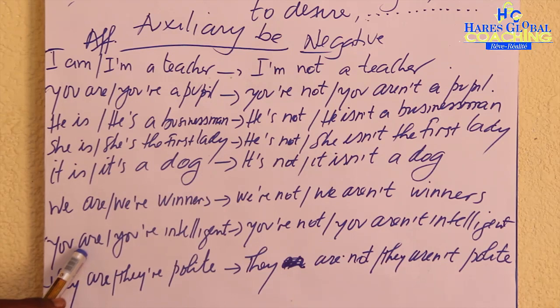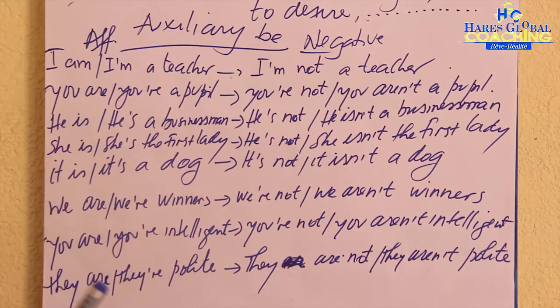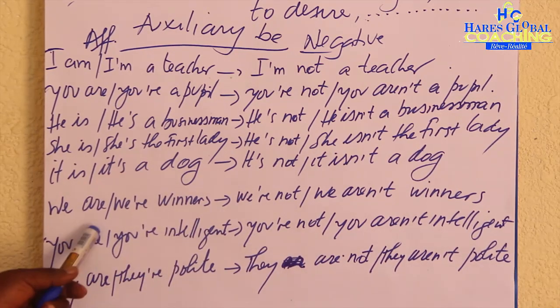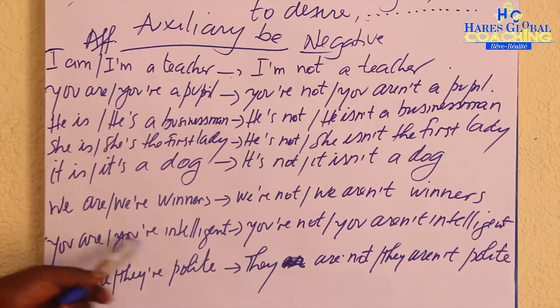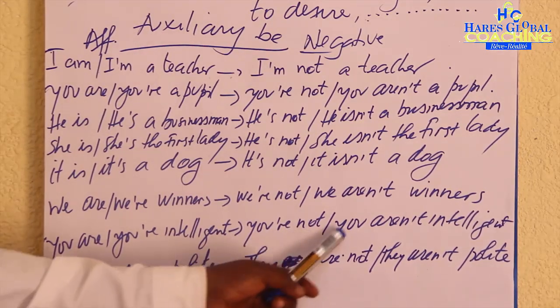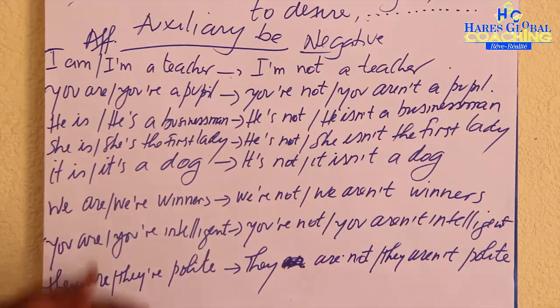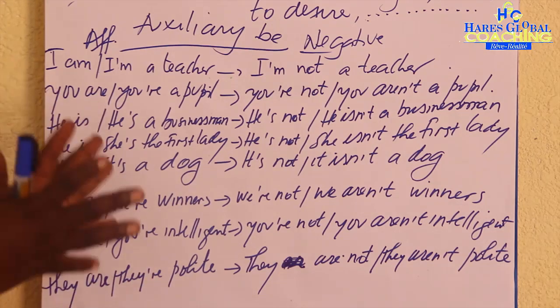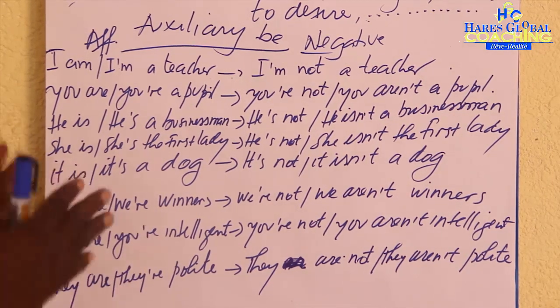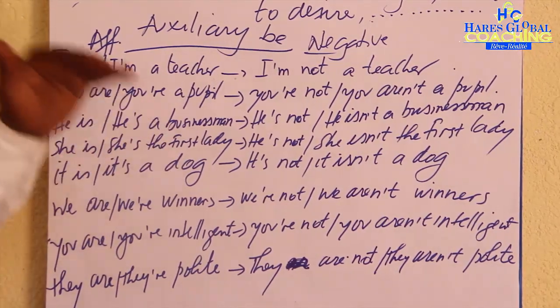You are intelligent, or you're intelligent in the plural. You're not, or you aren't intelligent. And the last is they are, or they're polite, or they are not, or they aren't polite. Then why do we have to first know this auxiliary verb be?